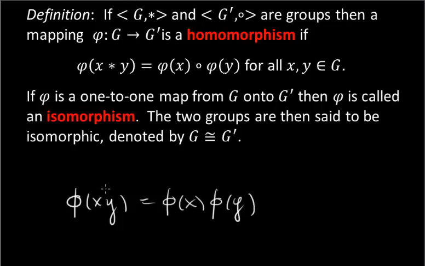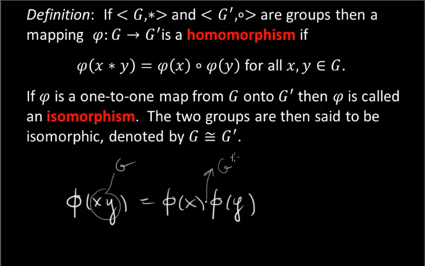For example, this xy is taken in G, so the operation would be star. This operation is right here, so that is an operation defined in G prime. So you have to be careful. You have to know where you are operating to know which operation you're talking about.